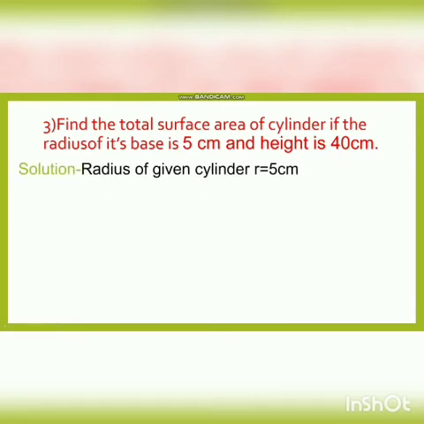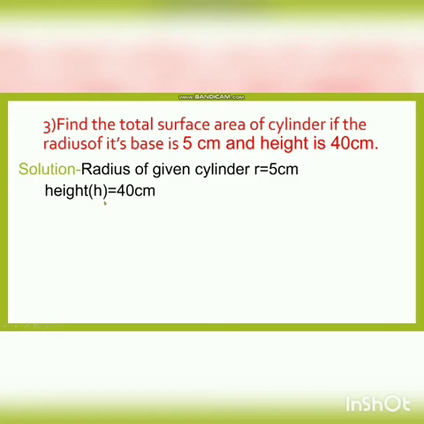Now see the solution. In this example, you have to find out the surface area of cylinder. Radius of given cylinder is given, which is r is equal to 5 centimeter. Now apply the formula of surface area of cylinder. H is also given, h is equal to 40 centimeter.